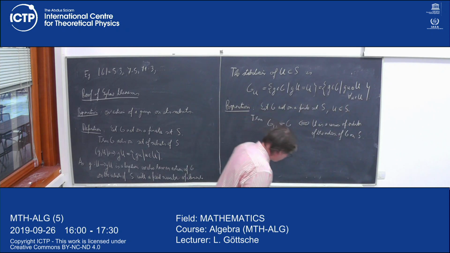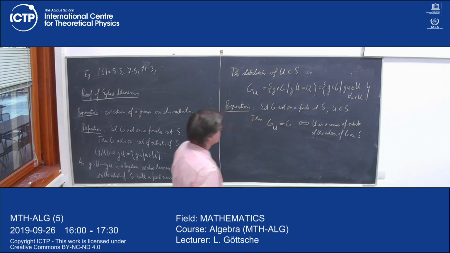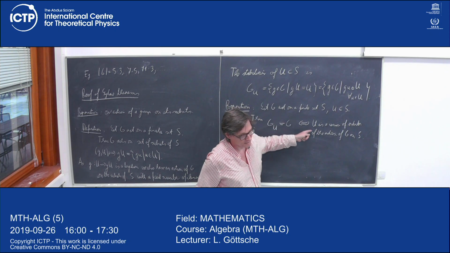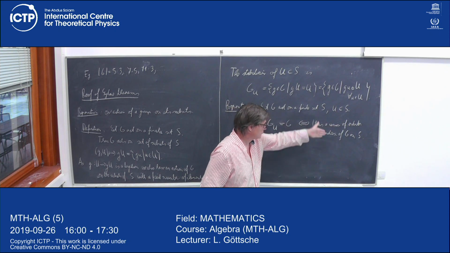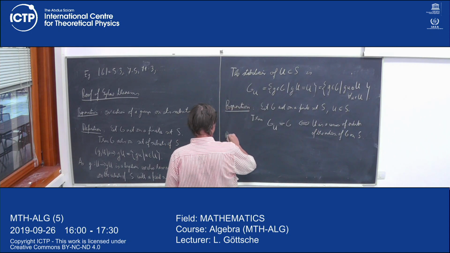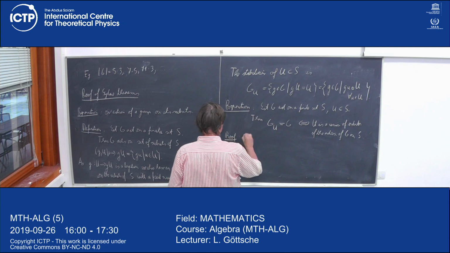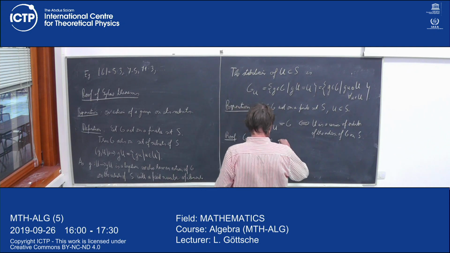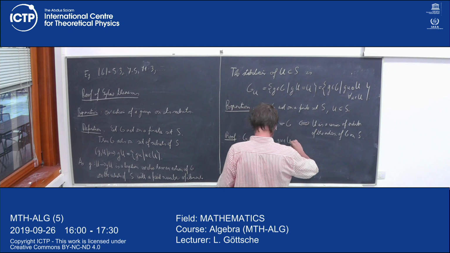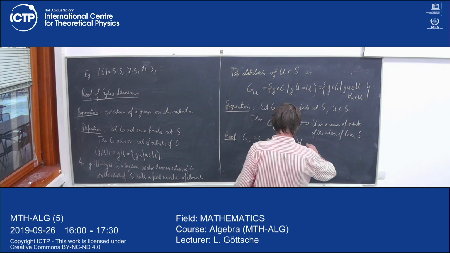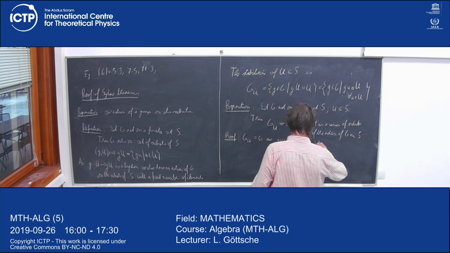That is actually almost by definition, because if you have an orbit, then the elements of g send the elements in the orbit to other elements in the orbit. So the stabilizer of u is g if and only if gu is an element in u for all u in u and for all g in g.